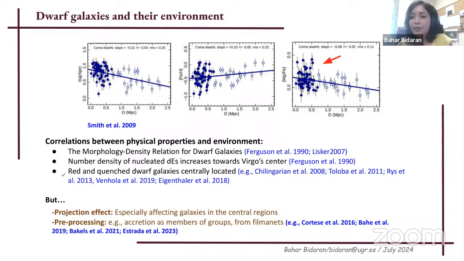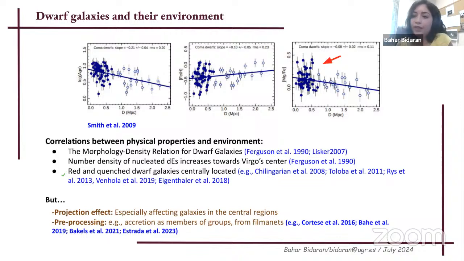And CAVITY is keeping me busy with the dwarfs, because one of the questions after this analysis, I will continue with the stellar population properties, because I mentioned they are fossil records of galaxy evolution. But one of the questions is where this processing took place. Do we really need a high density environment to kill star formation in dwarfs? Or could they quench themselves by themselves?